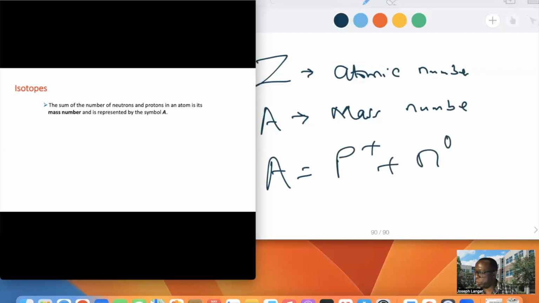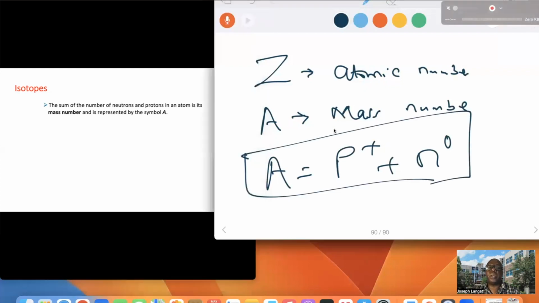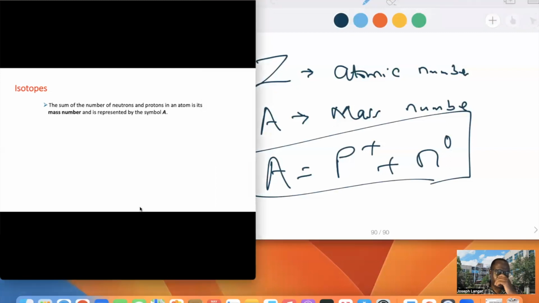This is an equation you need to be able to use in either determining the mass number given the number of protons and neutrons, or the number of protons can be determined by subtracting the number of neutrons from the mass number. This is the number A. Don't confuse it with Z.